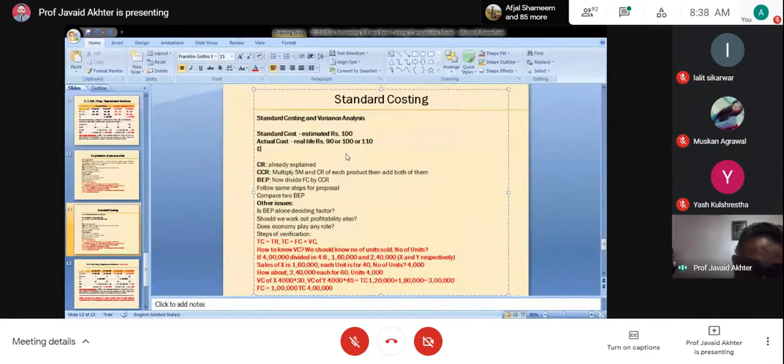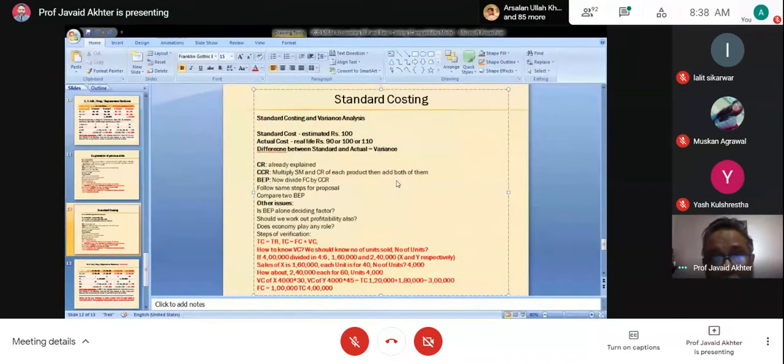The difference between standard and actual is known as variance. What is it known as? It is known as variance. Did you get the meaning of variance?